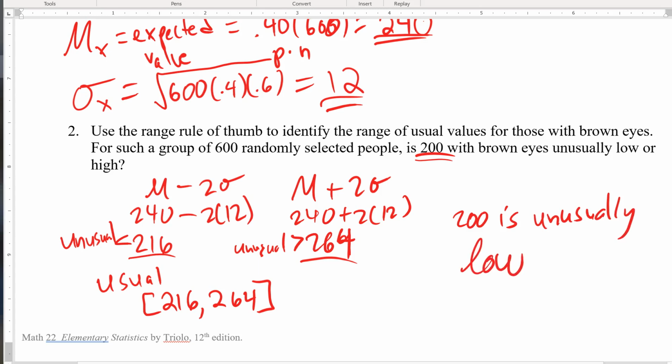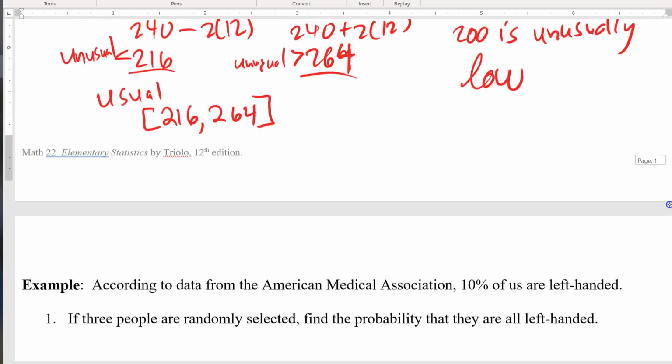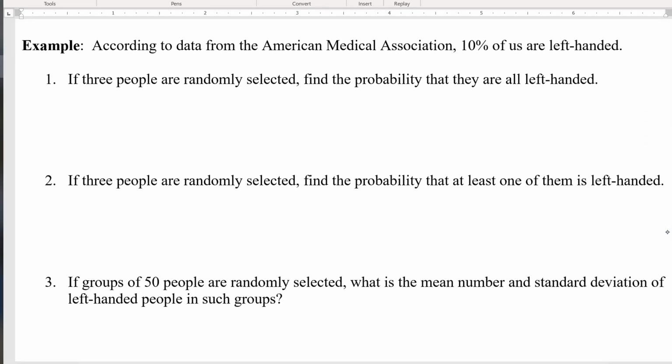All right, we're almost done with chapter 5. This should not be the hardest thing we do here. So 10% of us are left-handed, right? If 3 people are randomly selected, find the probability they're all left-handed. Well, we have a set number of trials. We have a probability of success, and we want all left-handed.